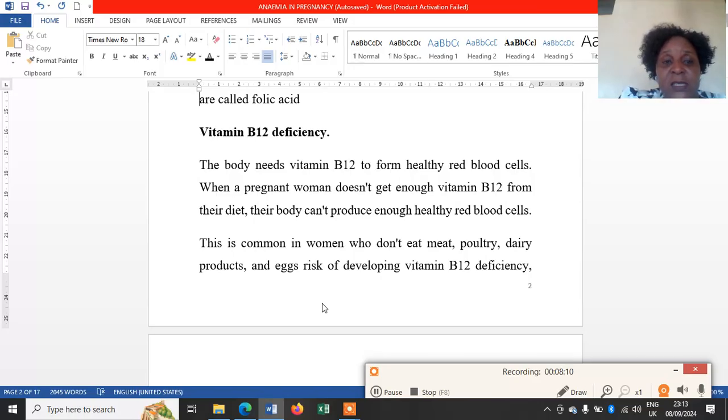This vitamin B12 deficiency is common in people who do not eat meat, poultry, dairy products, and eggs. So there are those religions and cultures with food taboos, and people who do not eat these things are prone to vitamin B12 deficiency.